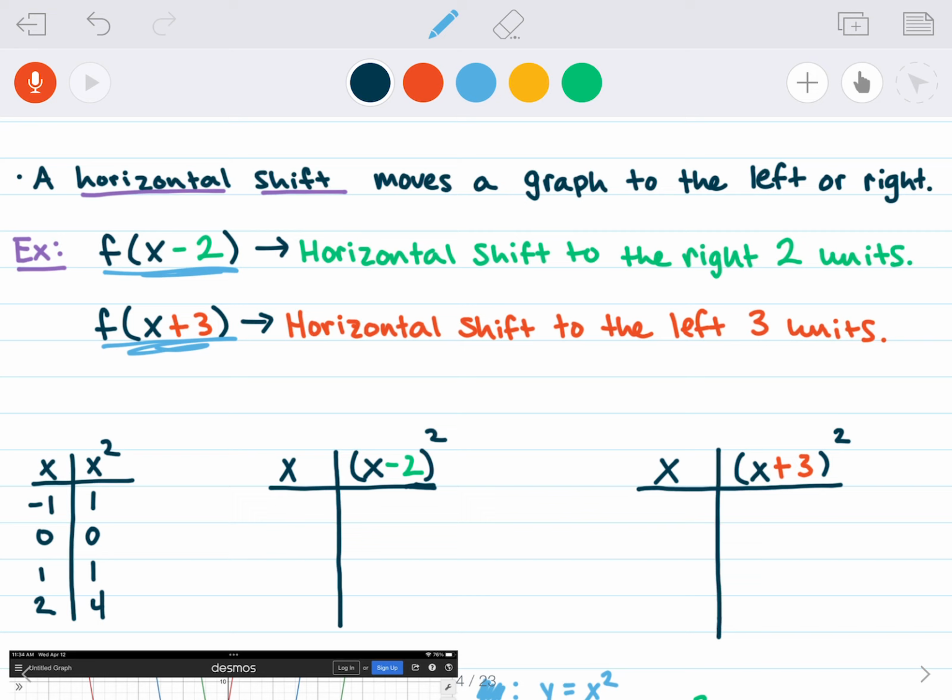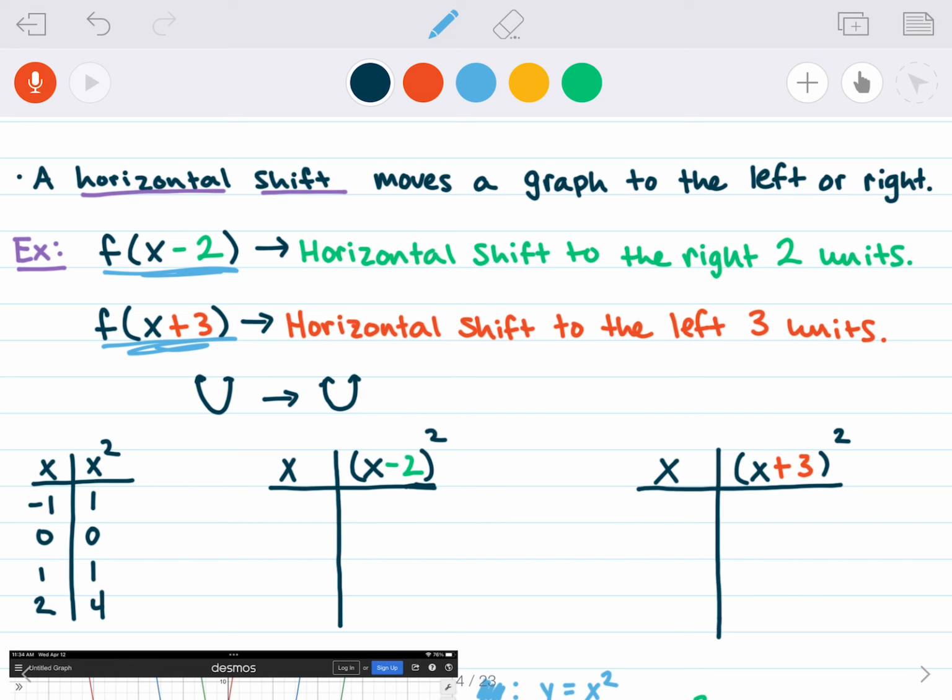So the idea here is, if we have a parent graph x squared and we want to move it this way, we just literally want to take it and shift it over. Are the heights going to be the same or different for this shifted graph?